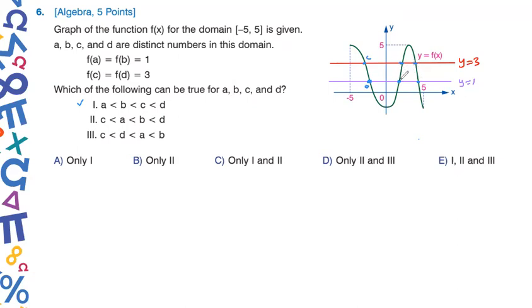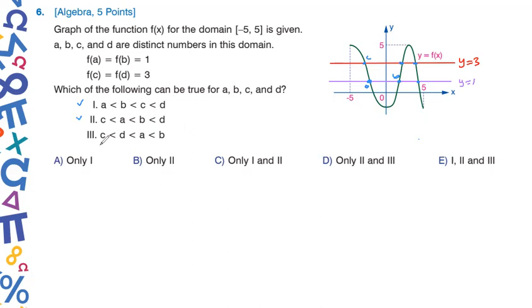And then B, I can choose like this, so F of B will be 1. And then D is going to be F of D is 3, so I can choose D right here or right there. Either one works. So I could go with this as well. This is better than the first one, easier to catch.